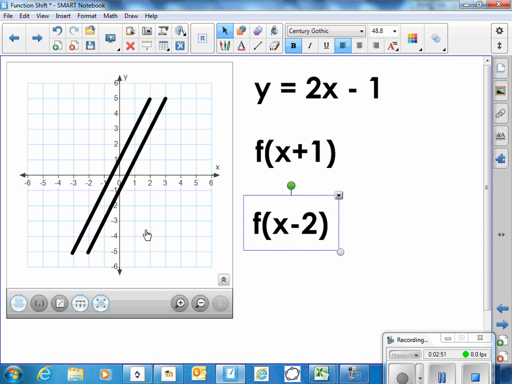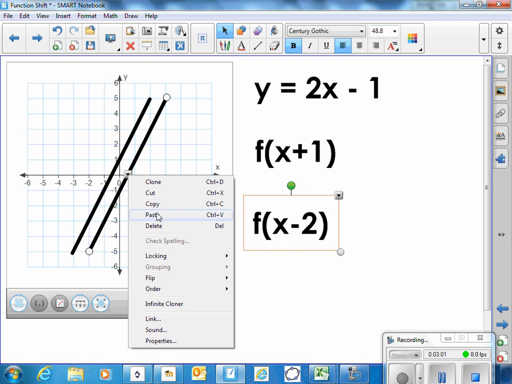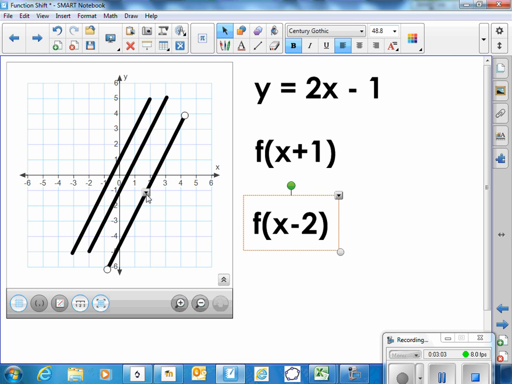If x is 1 where x used to be a negative 1, so I could take that one. Oops, I want to leave that one there. And I want to move this one.